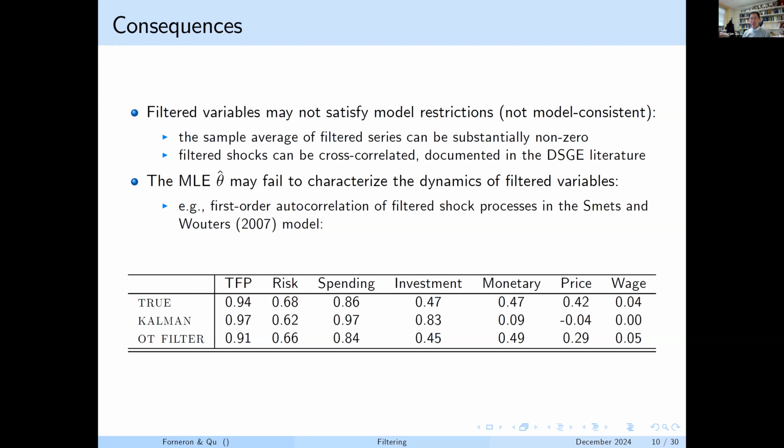In the trend-cycle decomposition example, we saw that the sample average of the filtered series can be substantially non-zero, even though the model assumes that this process has mean zero. So we get one sort of model inconsistency there. In another setting, for example a DSGE model, we can get filtered shocks that are cross-correlated, even though they are supposed to be independent of each other by assumption.